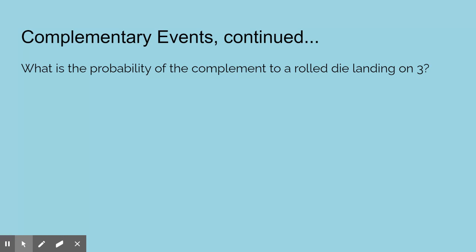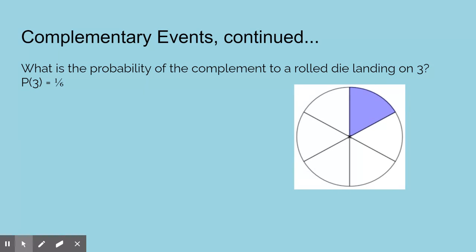In this case, we want to know what is the probability of the complement to a rolled die landing on 3. So we know that the complementary event is going to be not 3. We also know that the probability of a rolled die landing on 3 is 1 out of 6. To find the probability of the complement, I'm going to look at my little fraction here.